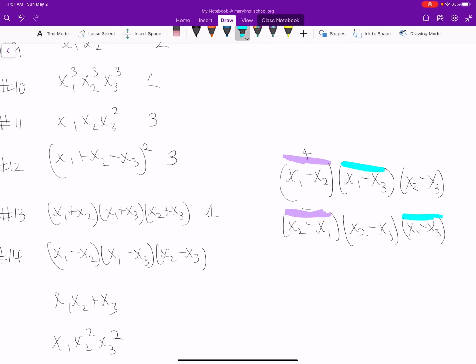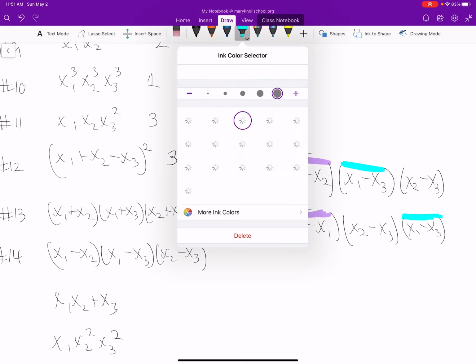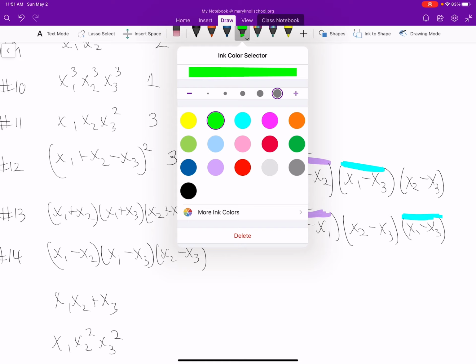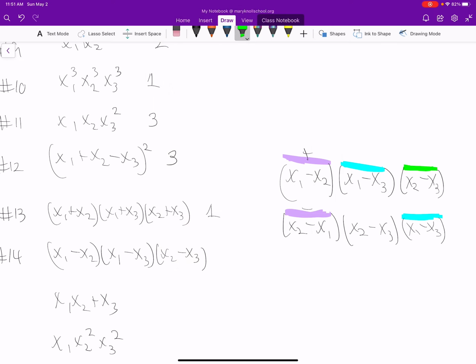So those are equal. And then here we can get x2 minus x3, and those are equal too. So we have two distinct variants, but due to positive and negative. Okay, so then if we try it again, let's switch around.